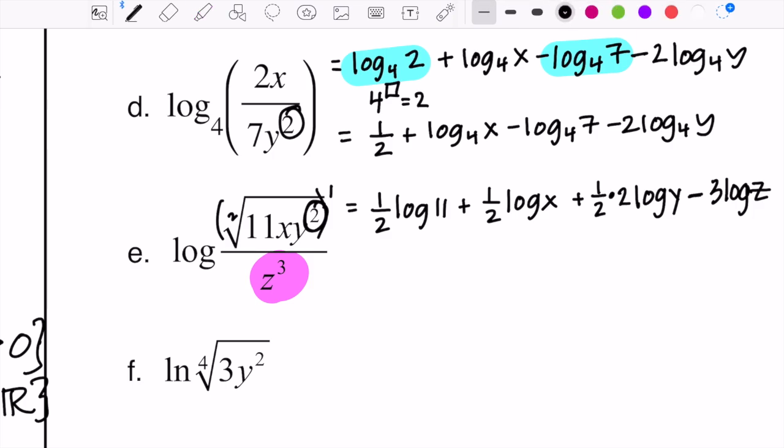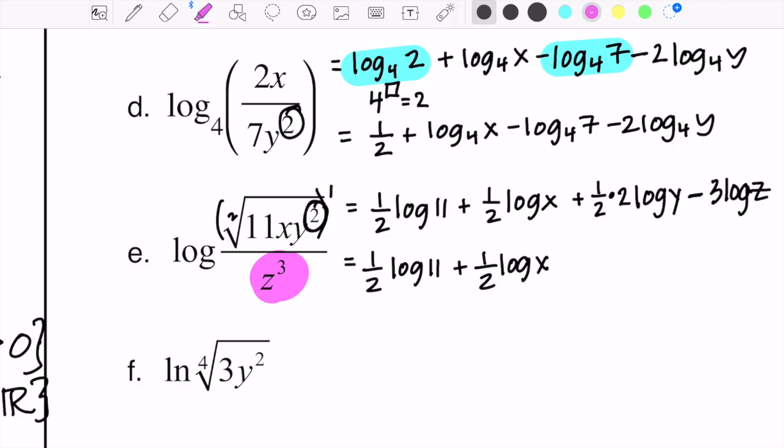So we just need to clean this up a little bit. 1/2 log 11 plus 1/2 log x. Also, I'm checking to see if any of these number ones can be simplified. So I am still looking at this. This is a logarithm with base 10, so it's not related to 11 exponentially.